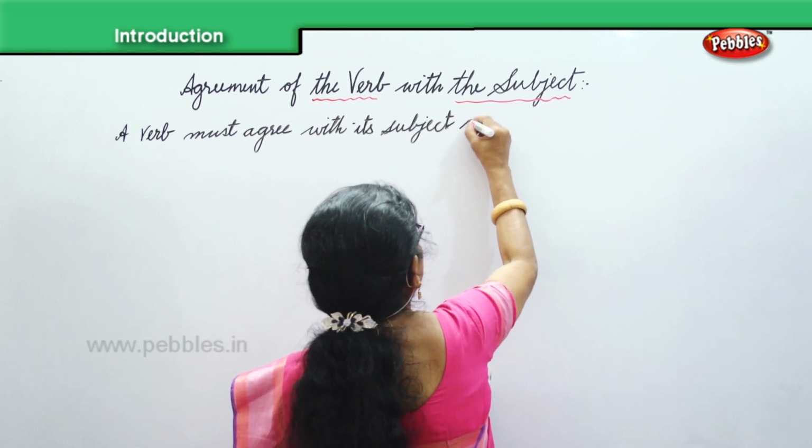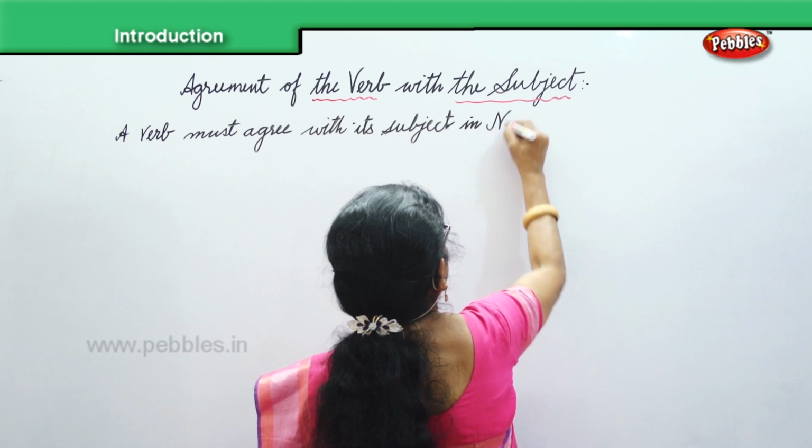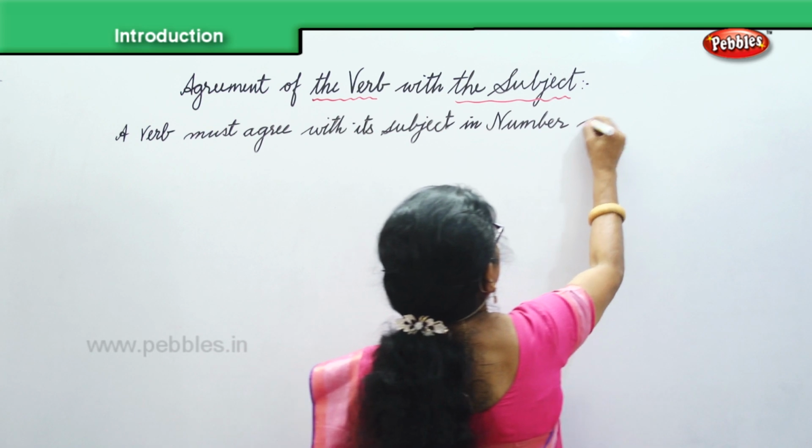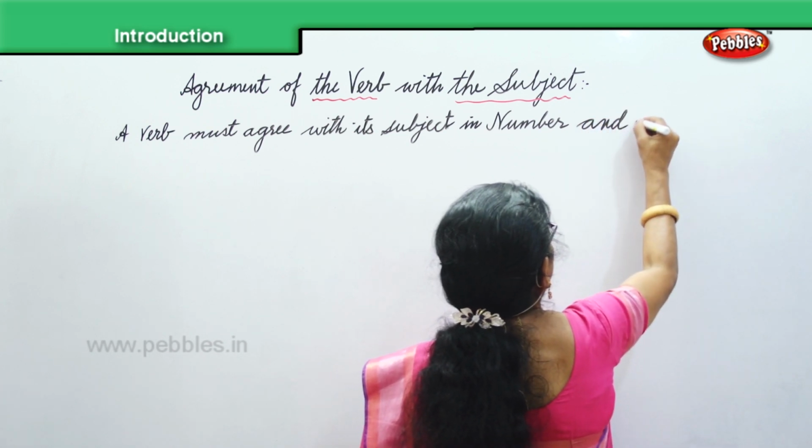You must know the number of people and person, the number of things and person.